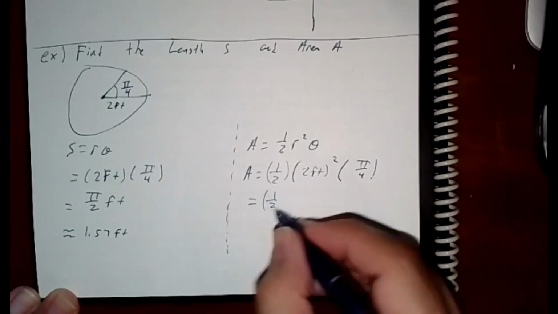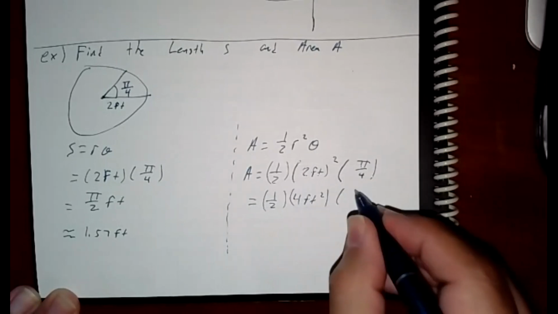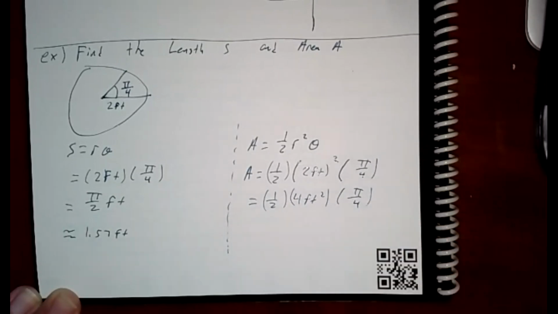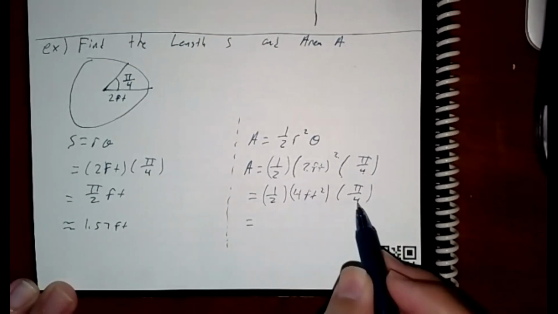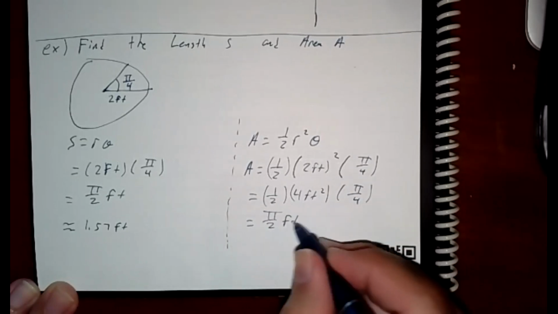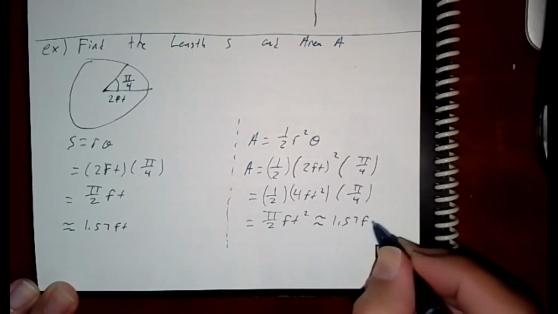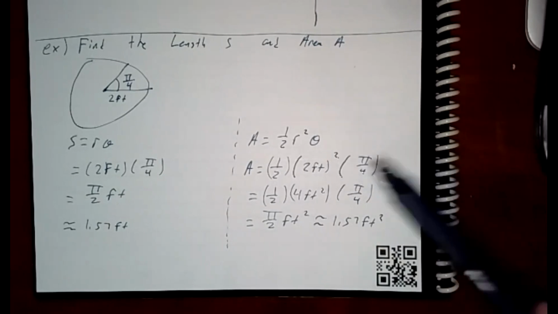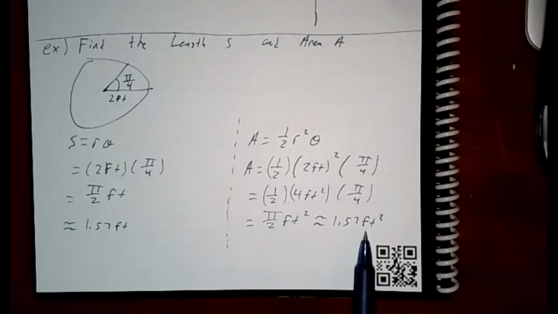So 1/2 times 4 feet squared times pi over 4 will equal 4 times a fourth will cancel, leaving me with pi over 2 feet squared, which is approximately 1.57 feet squared. So all we're doing is plugging into a formula. You can use your calculator anytime you want. Just remember your units, right? Remember the units. This is distance and this is area.